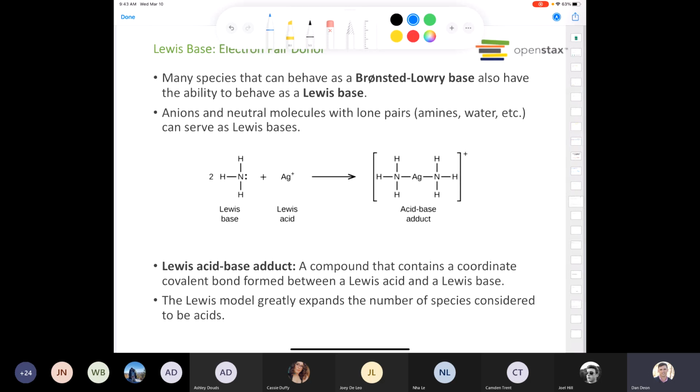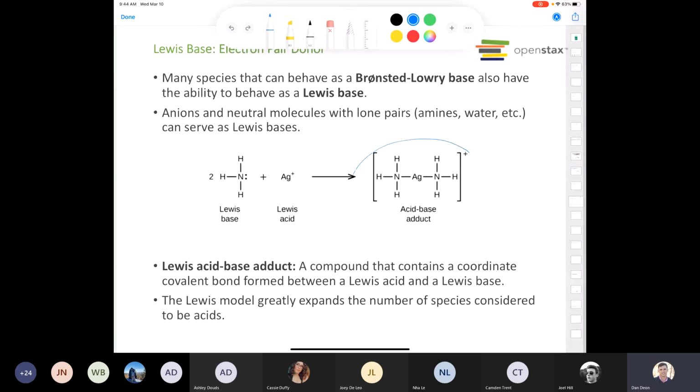And many of those can also behave as a Lewis base. For example, ammonia. We saw how ammonia is a Bronsted base, right? It can accept a proton, but it can also behave as a Lewis base, an electron donor. All right. And you see that what's happening here is that each of these two ammonia molecules, which are Lewis bases, are going to donate a pair of electrons to a silver ion, which is behaving as a Lewis acid.